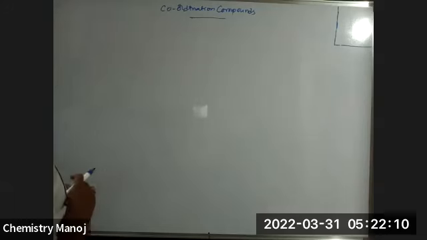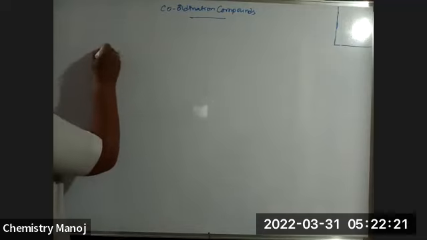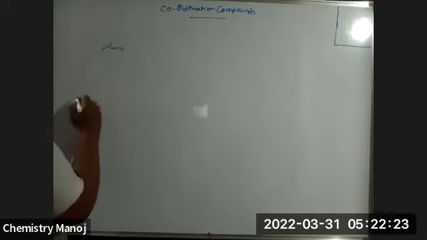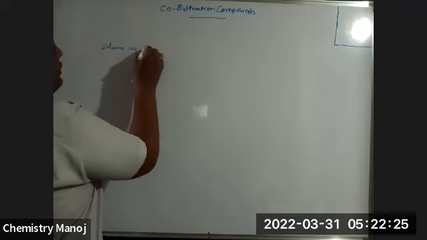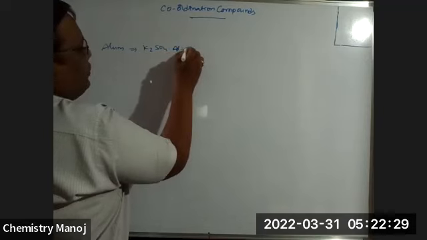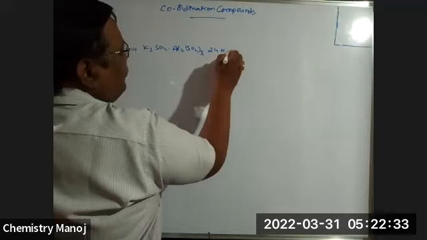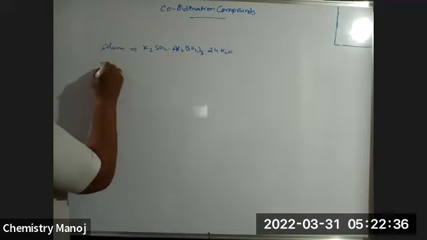So coordination compounds. What are these coordination compounds? In old days, we had some compounds like alum. Alum, its formula is K2SO4, Al2(SO4)3, 24H2O. Next, more such.